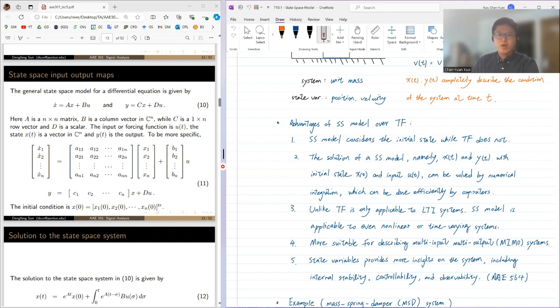Lastly, the state variables and the state dynamics allow us to gain more insights on the system, including the internal stability, controllability, and observability of the system. These properties play an important role in designing a controller and state estimator for the system. And you can learn more about these properties in AAE 564.